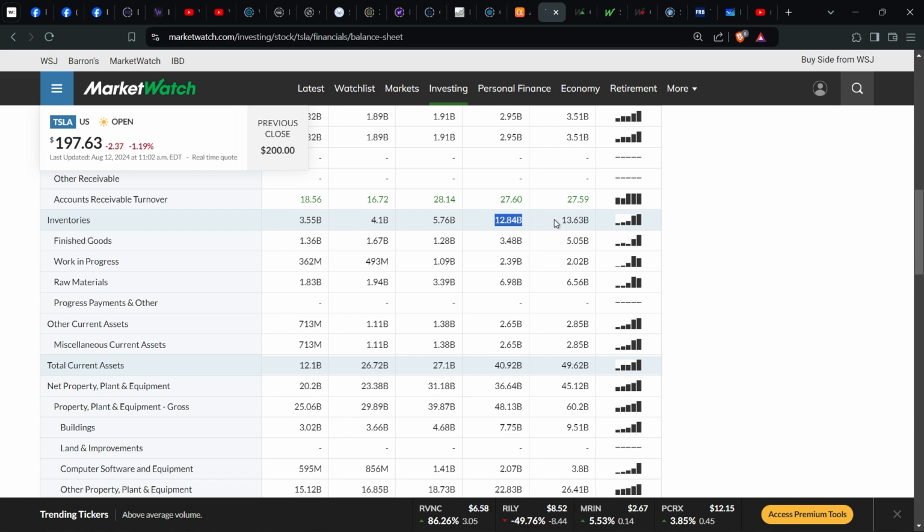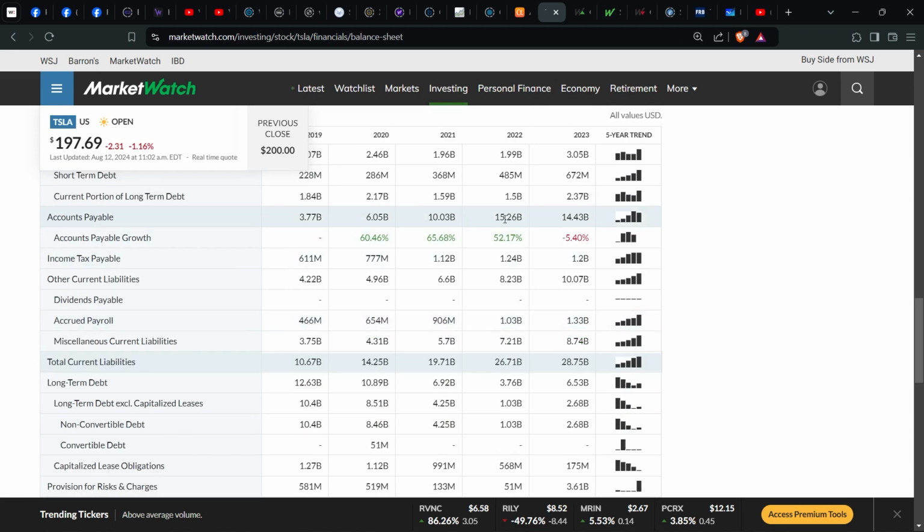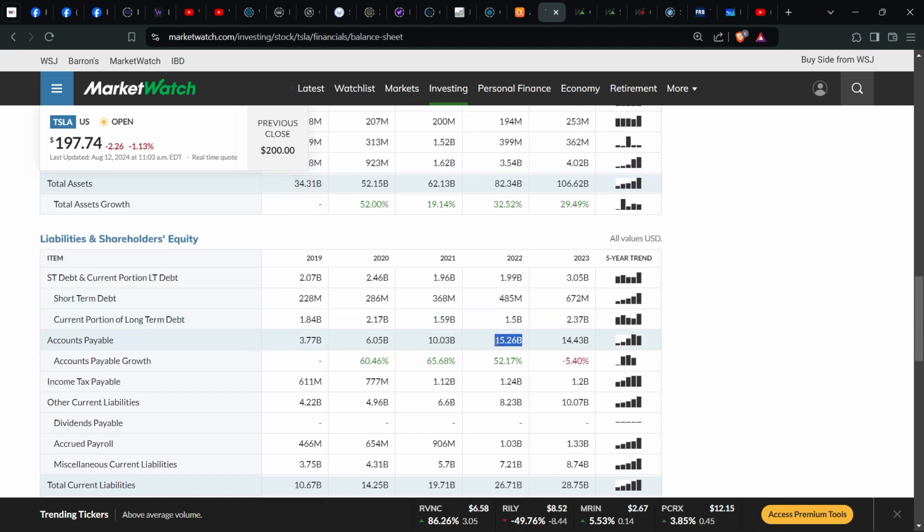Now you need to look at the accounts payable for the same period. You can see that one was 12.13, now here it's 15.14, meaning this company gets inventory that they haven't paid for yet. Because if you have inventories worth 13 billion and you owe 14 billion to your suppliers, that means there are some goods that you received on a credit basis, and that's good.